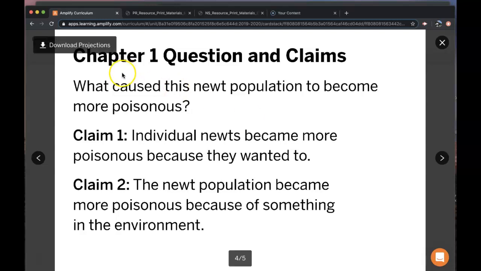So again, the question is what caused this newt population to become more poisonous? And the two possible answers or claims that we were given are that they became more poisonous because they wanted to, or they became more poisonous because of something in the environment. So let's think about this.